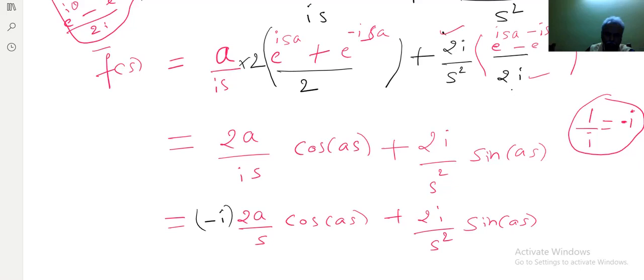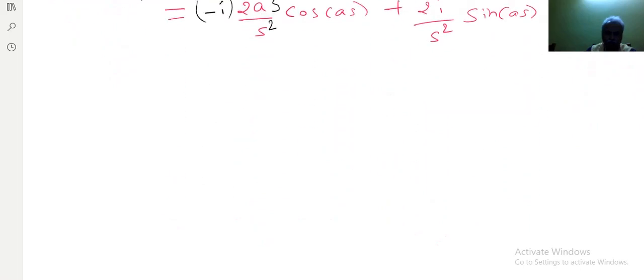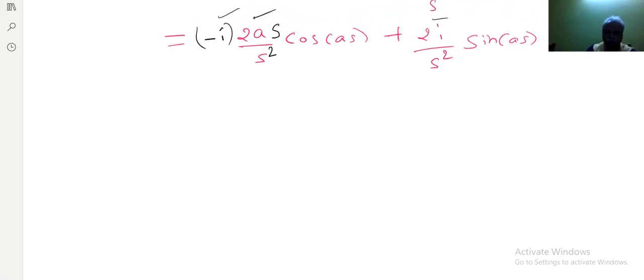So multiply by one more s, means here it becomes s square, and here you compensate by s multiplication here. So s by s square remains 1 by s only. So now s square is common, 2i is common. So simplification becomes very simple, because first term is negative term, second term is positive term. Let me write the second term first and this term second.